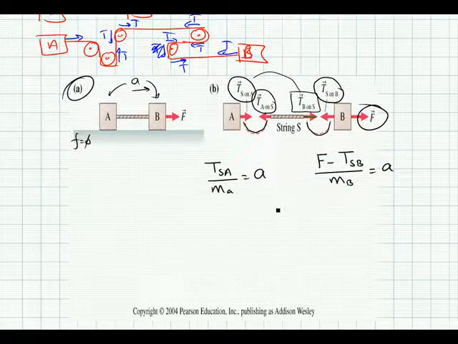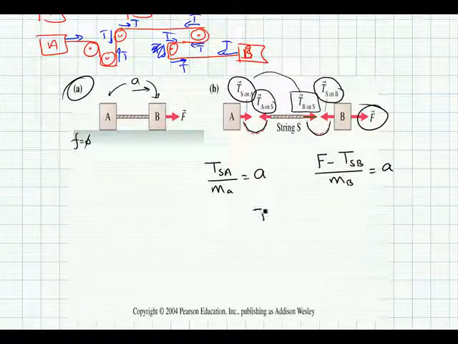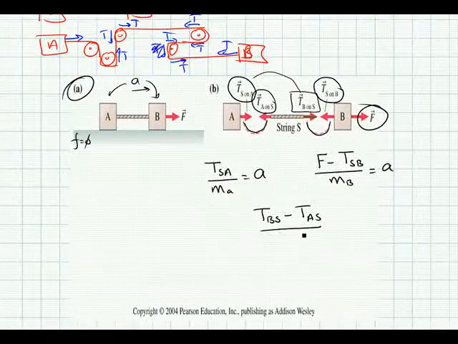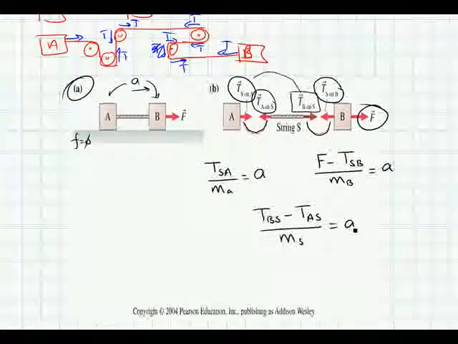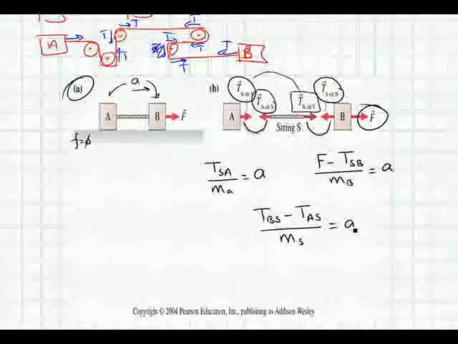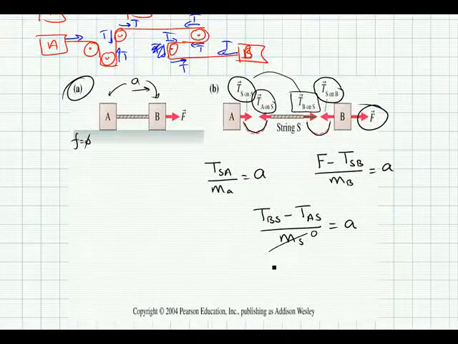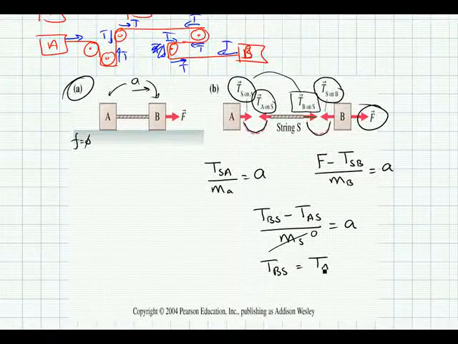Now for the string, the two forces acting on the string are, to the right, the force of B on the string minus the force of A on the string, divided by the mass of the string, which must also equal a if the string had a mass. But if we assume a massless approximation, then this is 0, so we end up with T_BS equal to T_AS.